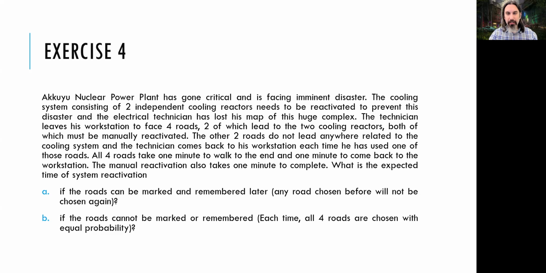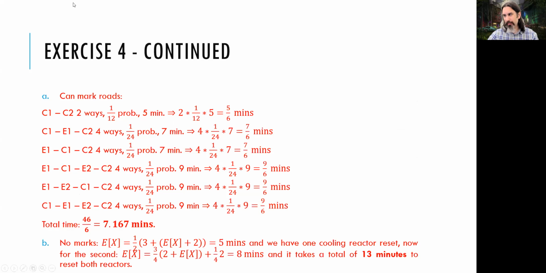For example, when I say C1 and C2, it's the same thing as C2 and C1, but still two ways of doing this, going this path. So what I need to do is calculate all the probabilities and all the number of different ways you can do this. Something like this: C1, C2, there are two ways of doing this, C1, C2 or C2, C1.